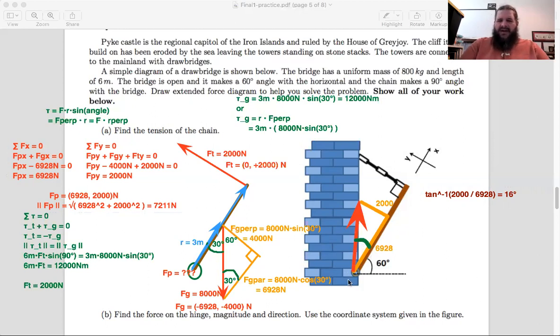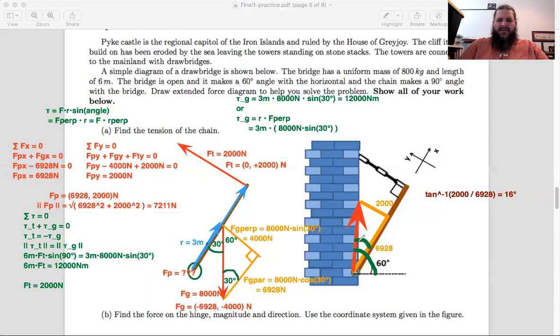Alternatively, if we wanted to give that as an angle from horizontal, how would we find the angle from horizontal? If we wanted to know this angle. Yeah, we can just add 60.